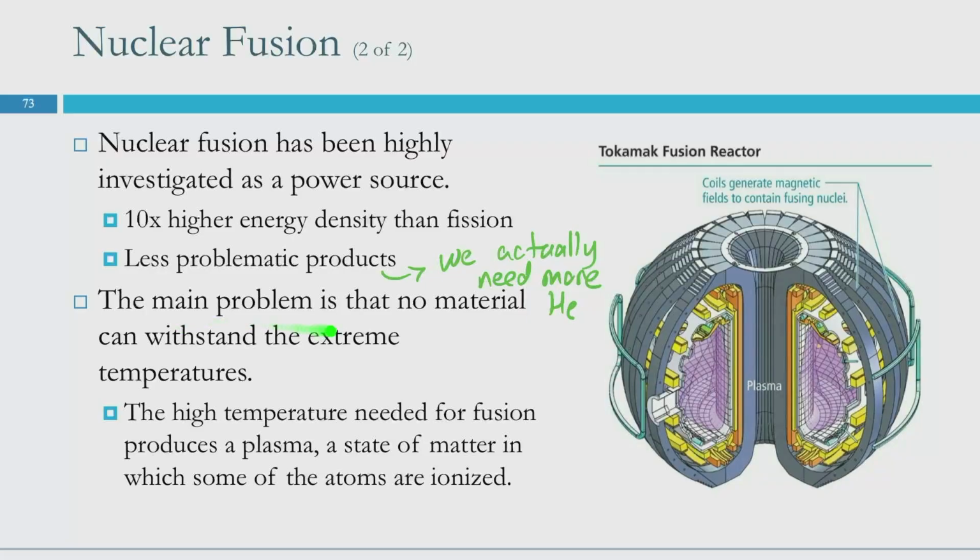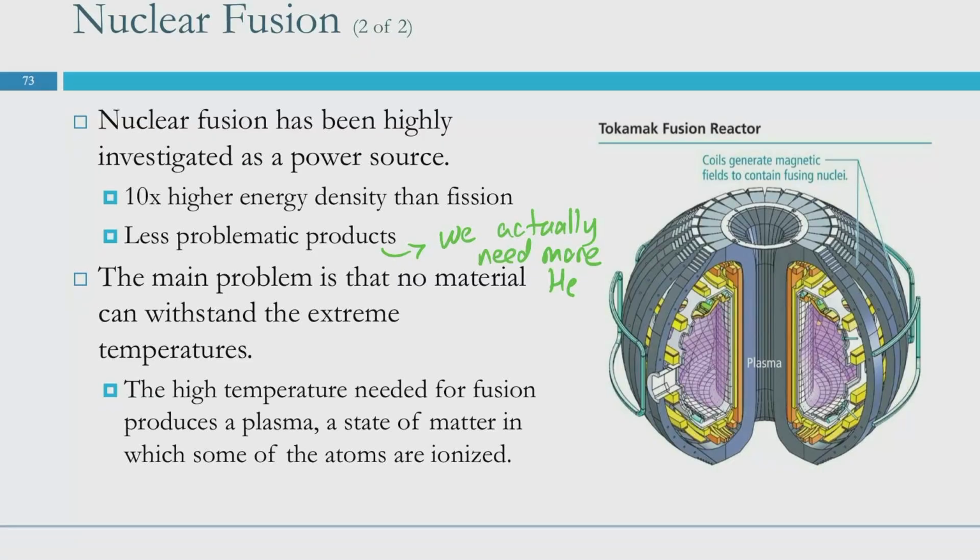However, the main problem is that nothing can withstand the extreme temperatures. We're talking about millions of degrees of temperature that are produced. So literally every substance that we know of will melt, or just evaporate or disintegrate at those temperatures.